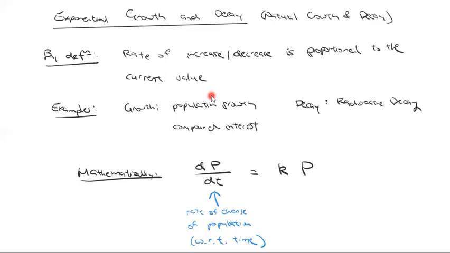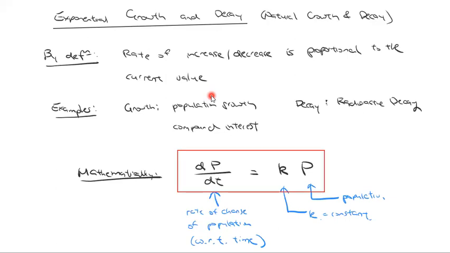So we represent this as population P times a constant K. And this whole thing represents the fact that the rate of growth of the population is a constant times the population, which is otherwise known in words as proportional to the population.